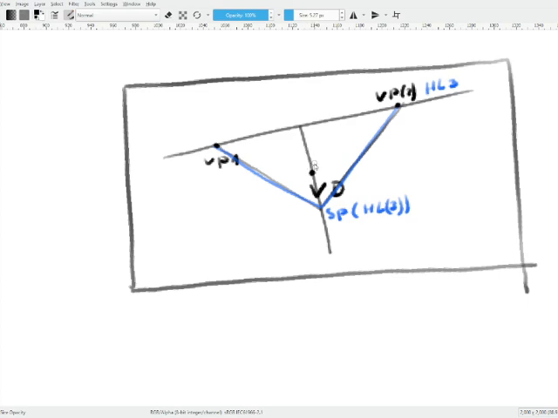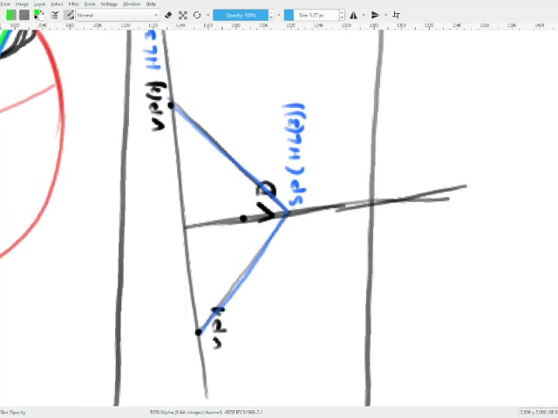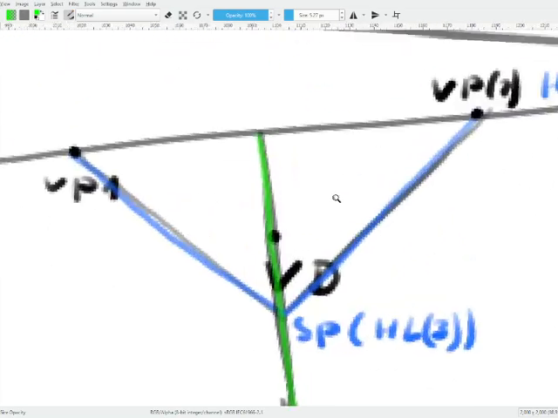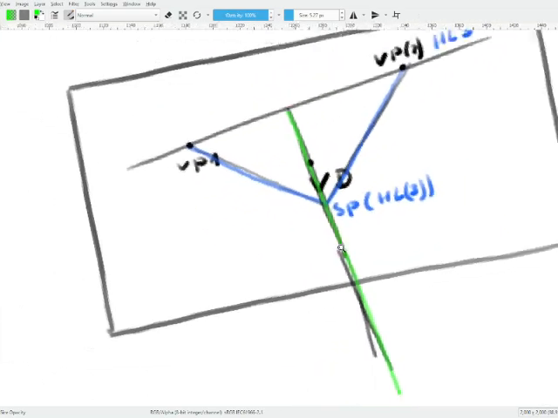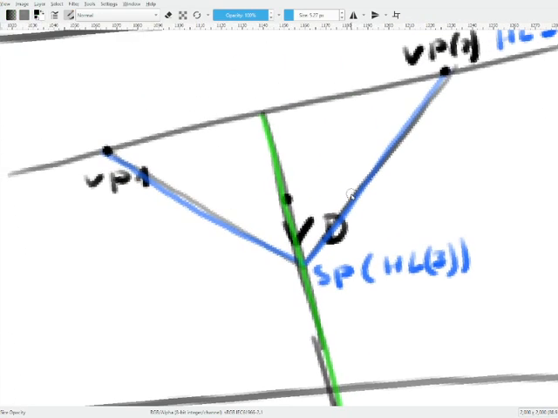We know that our third vanishing point should be somewhere on this line. Let's draw it as a green. Somewhere on this line we have our third vanishing point. How do we find this vanishing point?